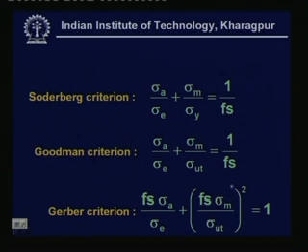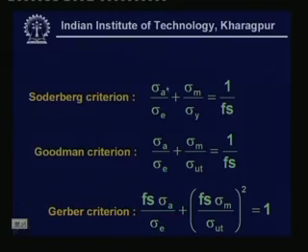Now, we can write down these equations, which are again a repetition of the equations we have already seen in the earlier lecture. The Soderberg criterion is given by sigma amplitude by the endurance limit, plus mean stress by the yield point, equals 1 by factor of safety.